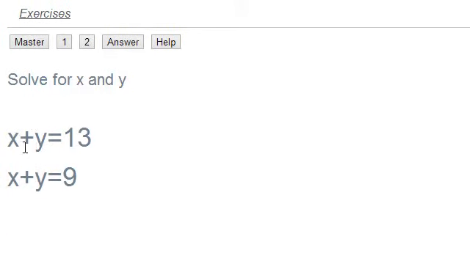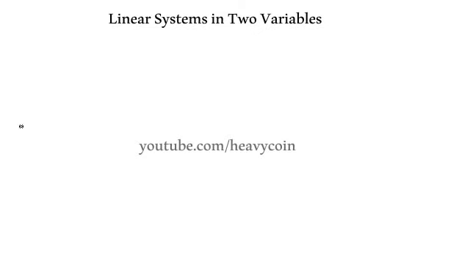Alright, so here's another set of equations here. We're going to solve this system if possible. x plus y is equal to 13, and x plus y is equal to 9.